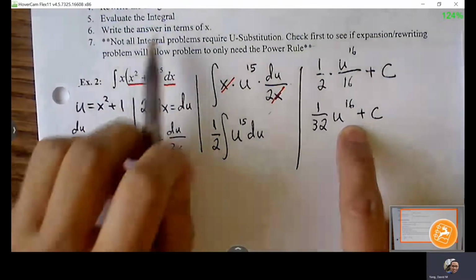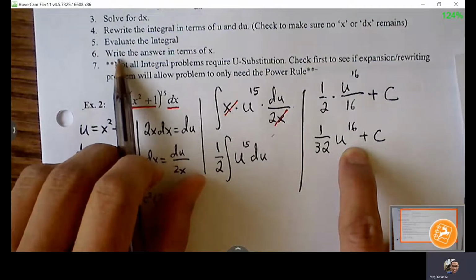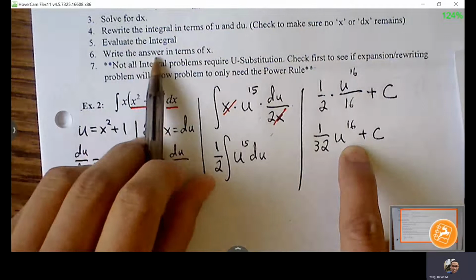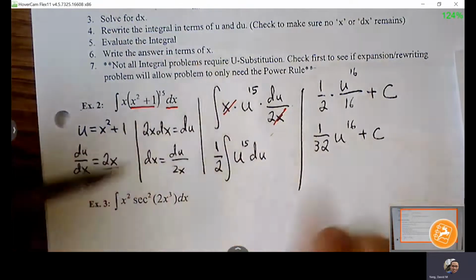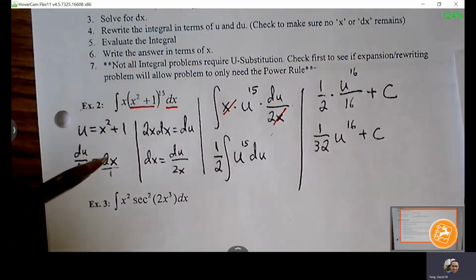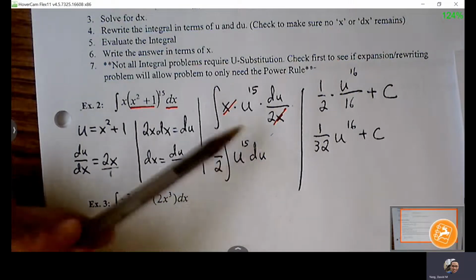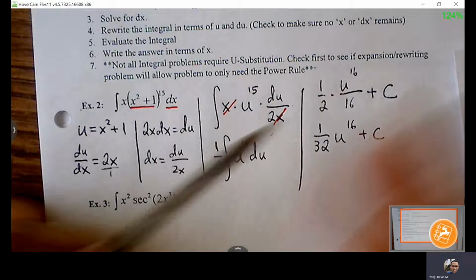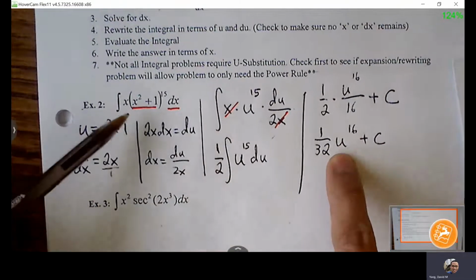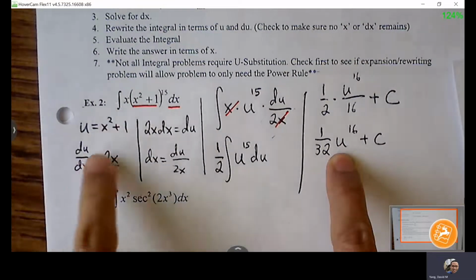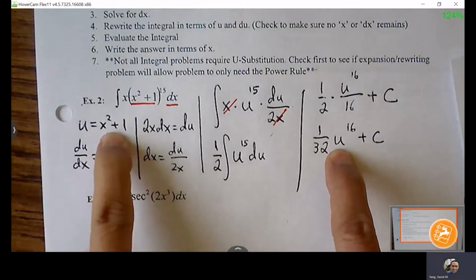And now, next to last step here, write the answer in terms of x. So u is only a temporary variable. We used it to help us see what rule we can apply. But now that we've done the work, we're going to bring our answer back in terms of the original variable that we started with. So replace the u back in terms of x.